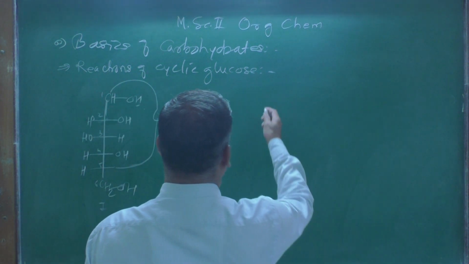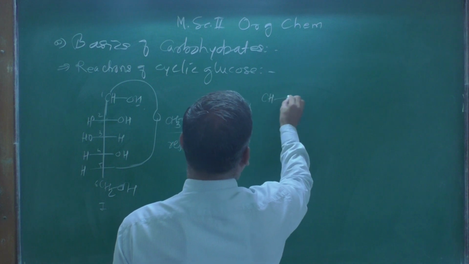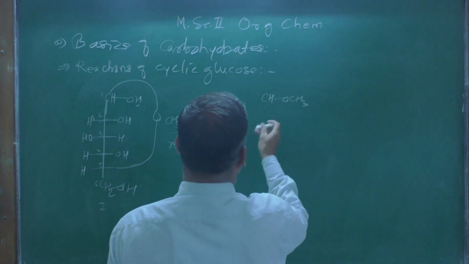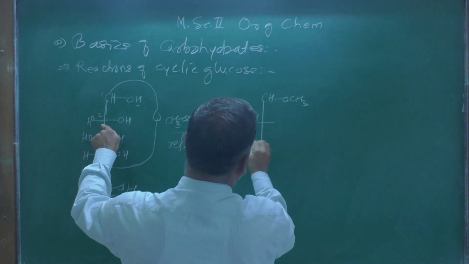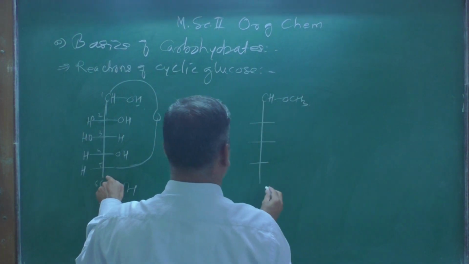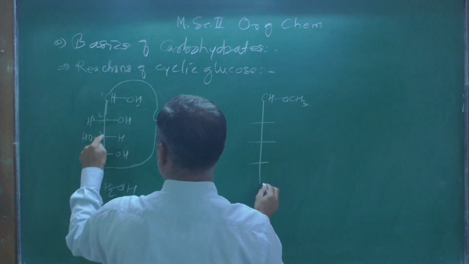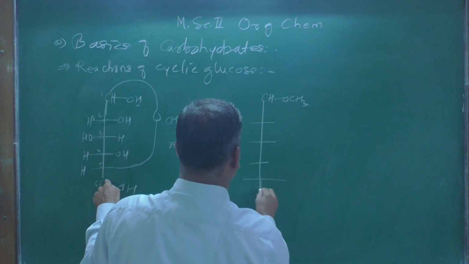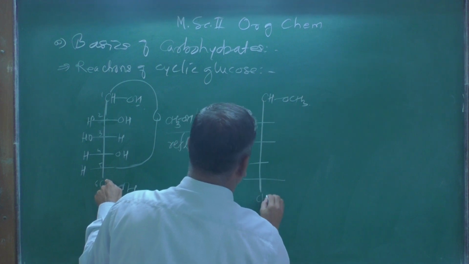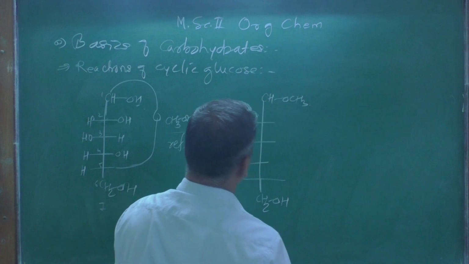So you get CHOCH3, and the rest remains as it is: 1, 2 and 3 are written as they are, the fourth is required for ring formation, and the last one, CH2OH, remains as it is.